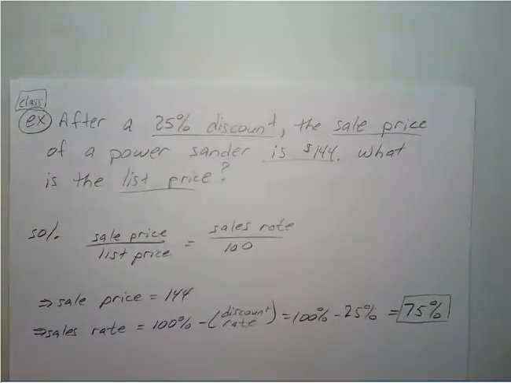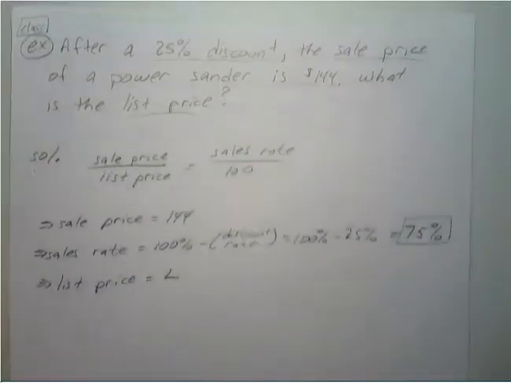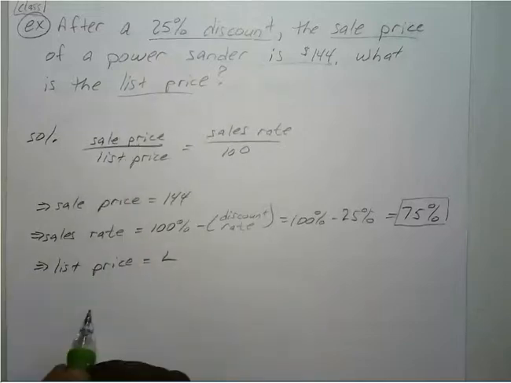All right, and our list price is unknown, so we leave that as just a good old-fashioned variable of L. All right, so we go ahead and plug these into our equation.